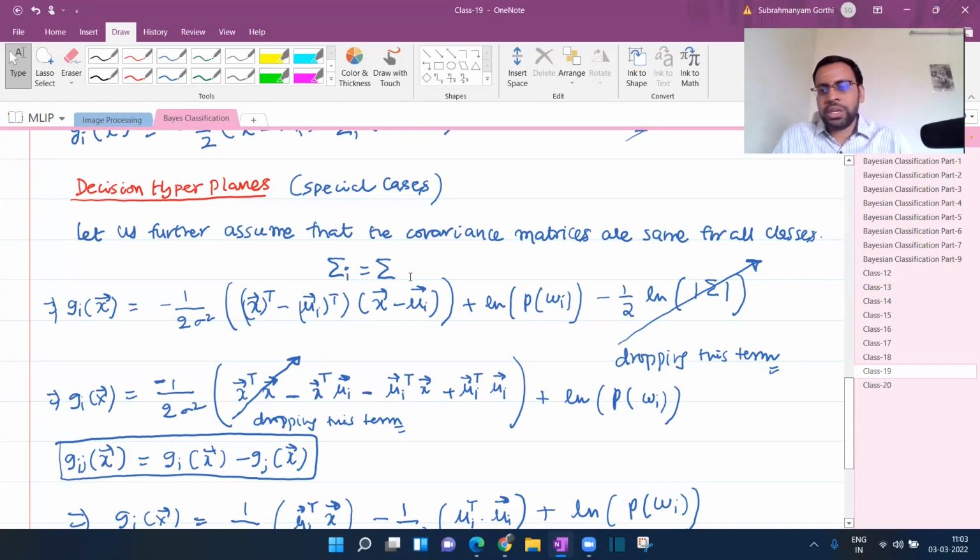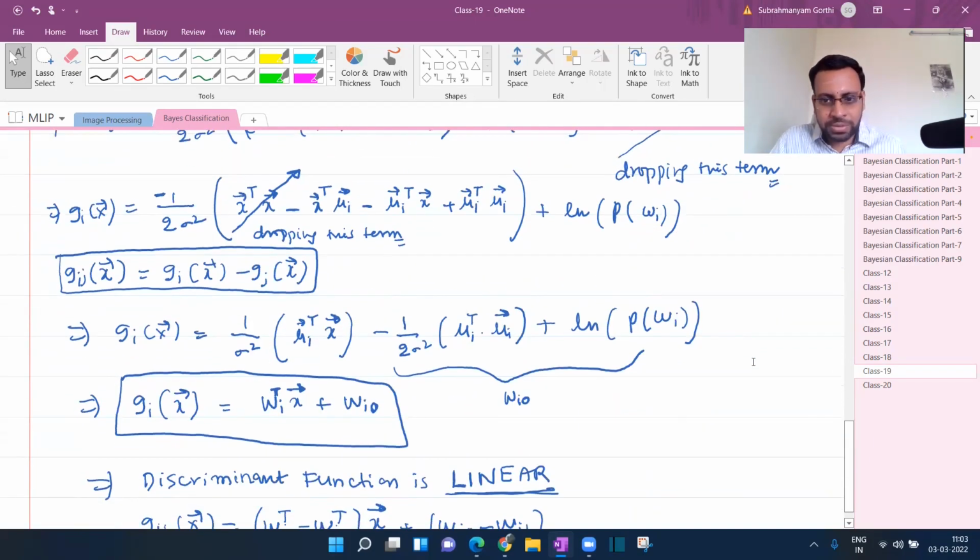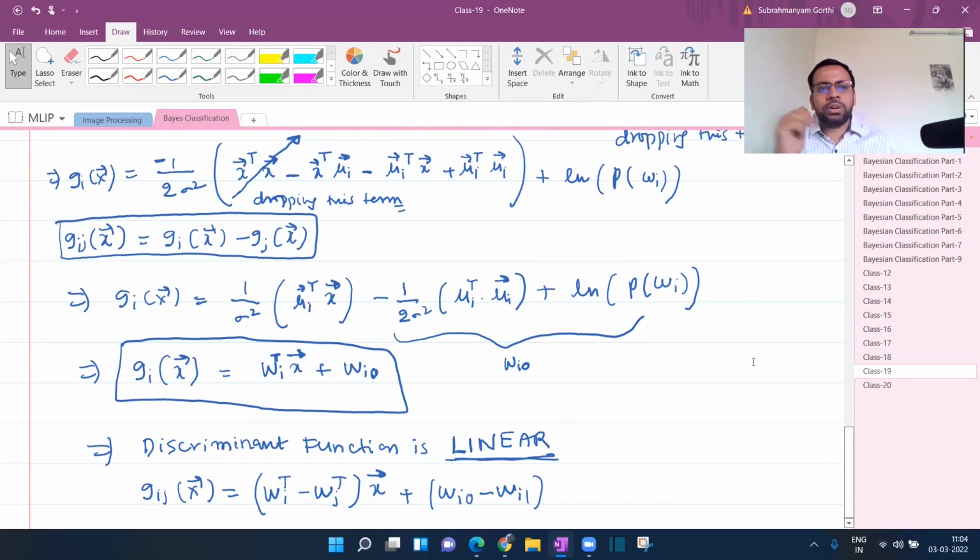In this process, we also dropped some terms. For example, this covariance matrix is the same for all, so when you are computing the decision boundaries, it is not going to have an impact. So we dropped this term. Then we simplified further and figured out that this discriminant function is a linear function of the feature vector x bar. This is what we have done in the previous class.